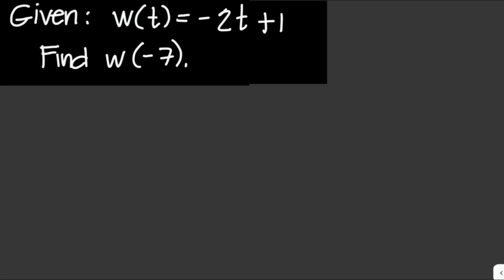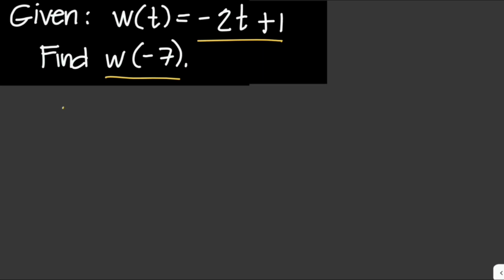So we have w of t equals negative 2t plus 1. We just have to solve for w of negative 7. So we're given here the value of t, which is equal to negative 7, and we just have to plug in that value to the function or the equation.